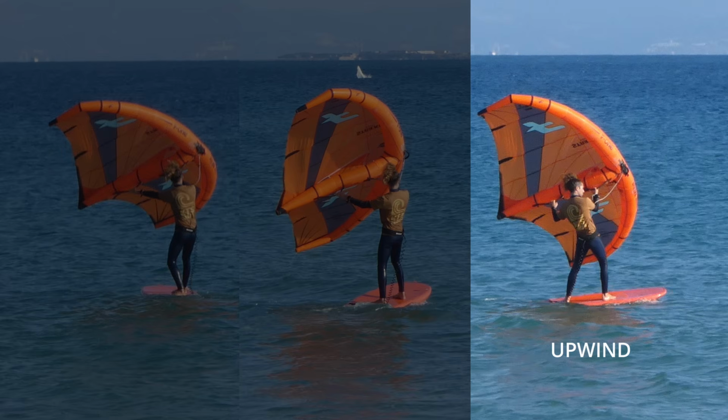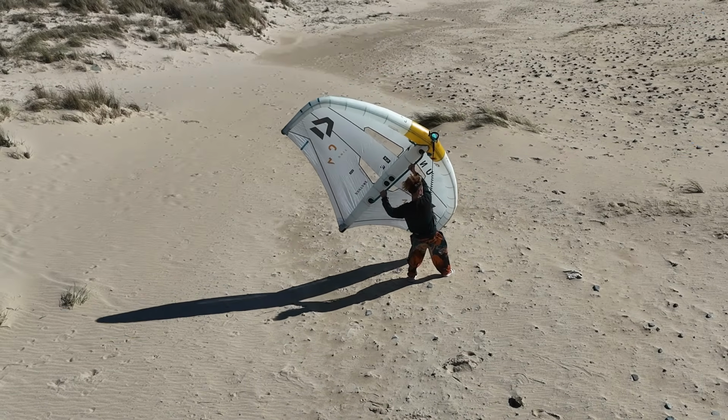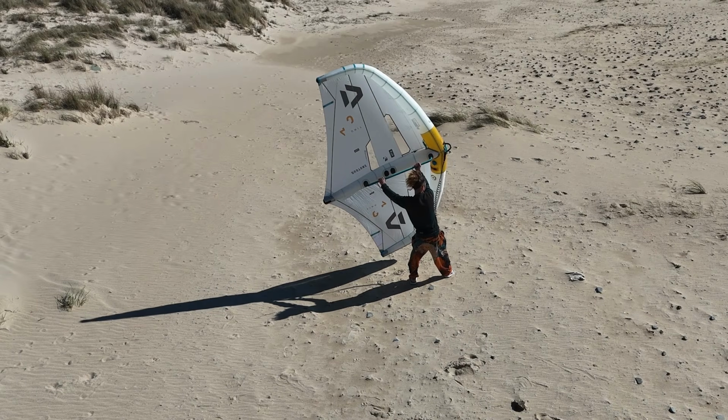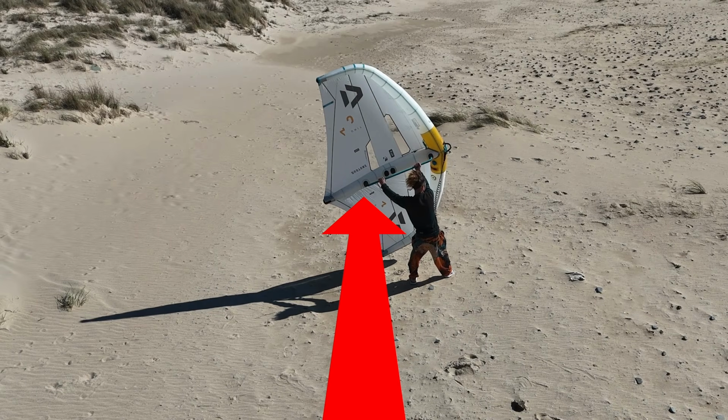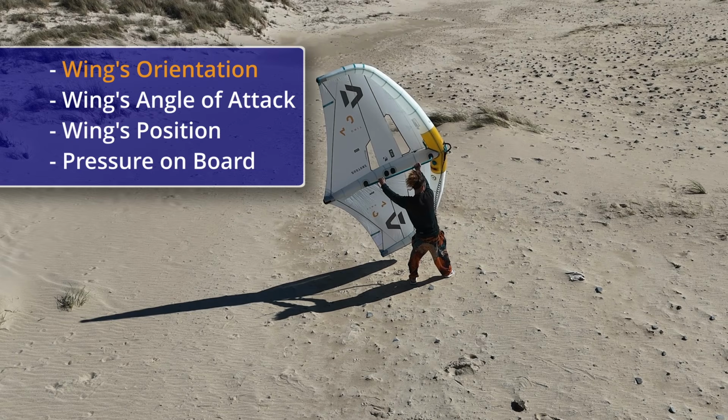Let's start with one observation. If you try on the beach to hold the wing in power position and move it to the back, you feel a really strong resistance against the wind, which is exactly the force that, when you're on the board, makes it turn upwind. The element that really needs most of your attention is maintaining the wing's orientation.